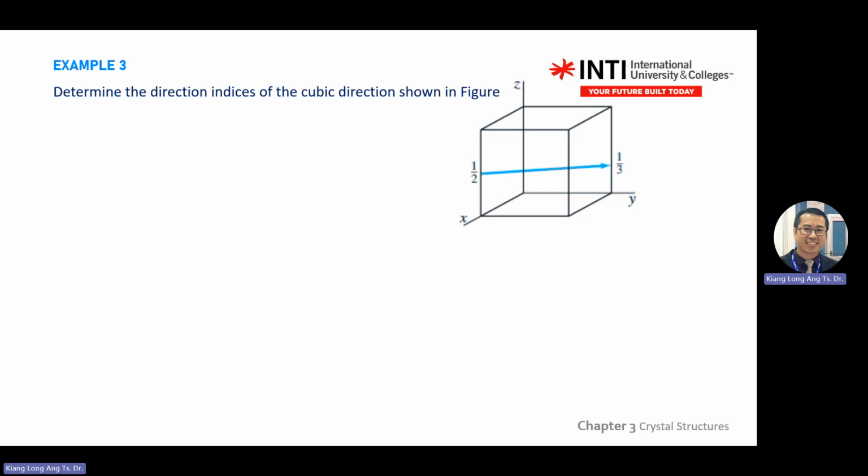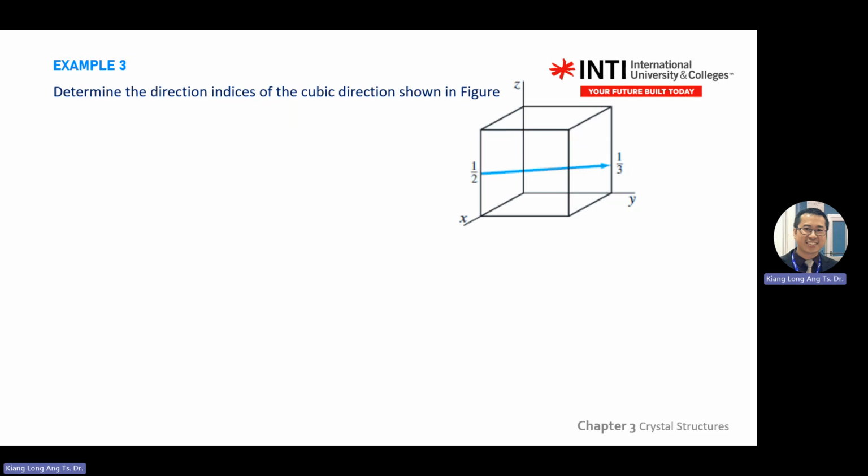We haven't come to the references from one coordinate. We are now looking at the vector first. It tells you the direction index for the blue color arrow. Means you tell me what is the direction of the vector. For X, how do you find the X magnitude that you move from half to one quarter, or one third? How many do you move?